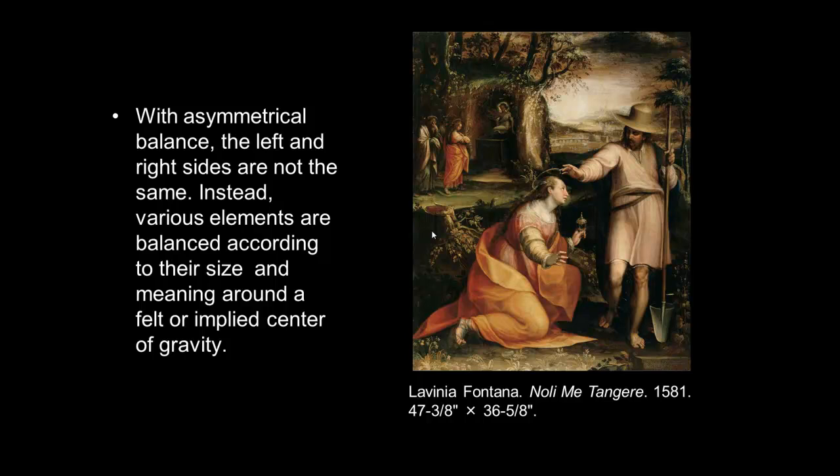And so warm colors balance out cool colors. So we have this heaviness of the dress that balances out this entire sky. Jesus is balanced by the higher massive tomb and the two small figures in red, which are up on the left-hand side. And so two small forms can actually balance a large form.